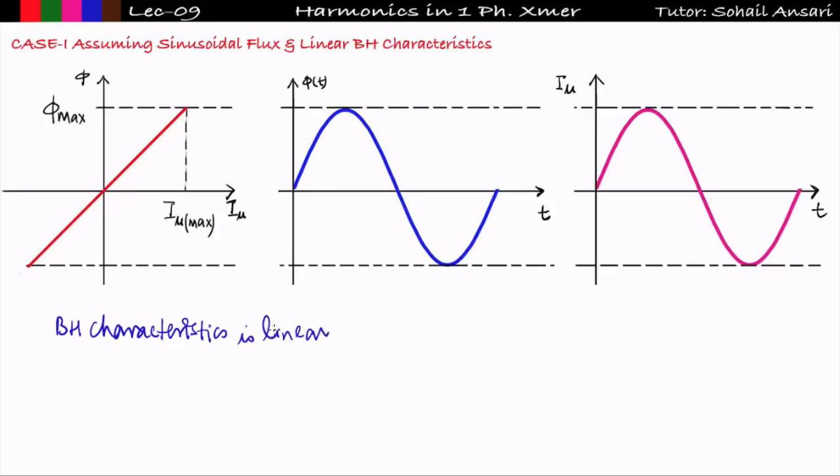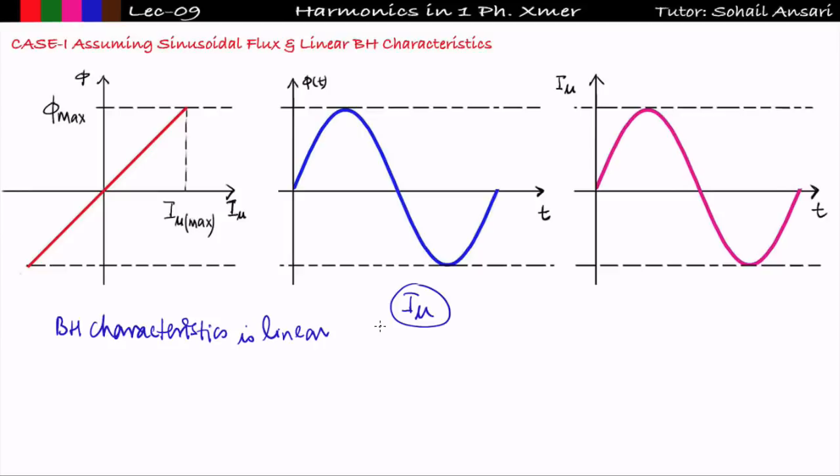This is my assumption. After assuming this, I want to see what will be the waveform of the magnetizing current I mu. I mu is nothing but the current required to produce flux in the transformer at no load, and that current is known as magnetizing current.